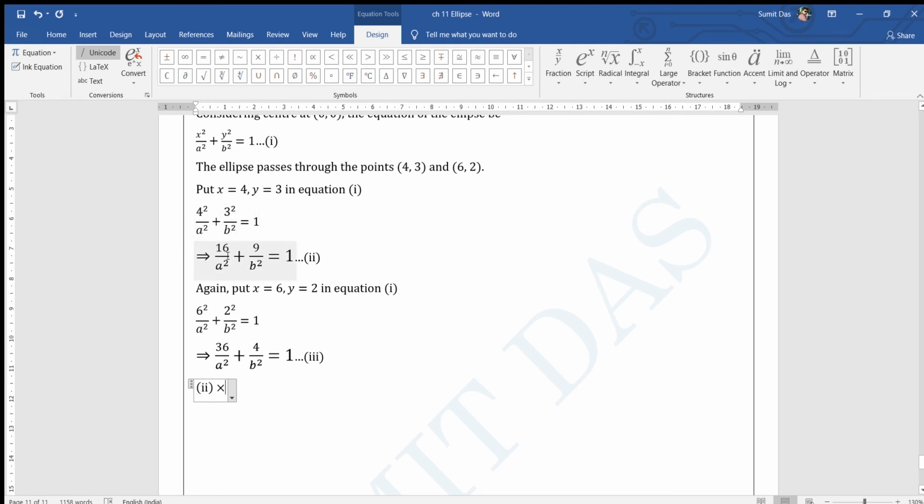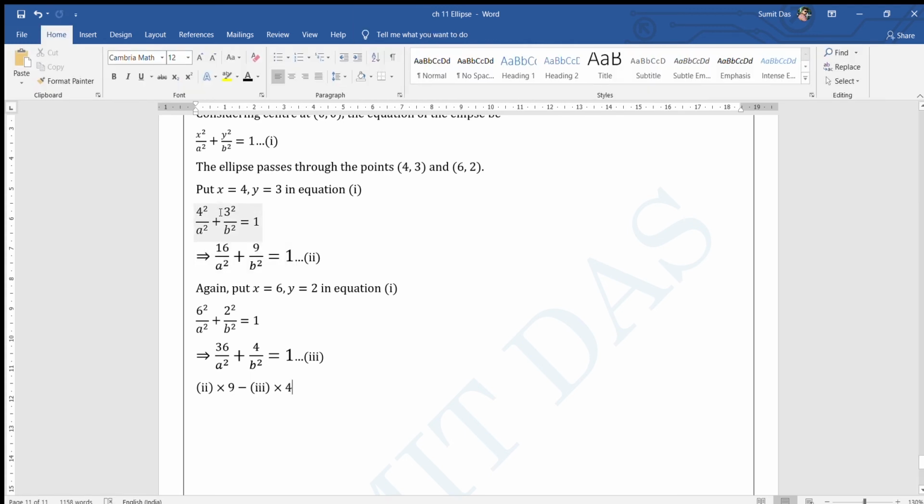So what to multiply to get 144 with 16? What you have to multiply? We have to multiply 9. Sorry, with number 3 we have to multiply, we have to multiply 4.